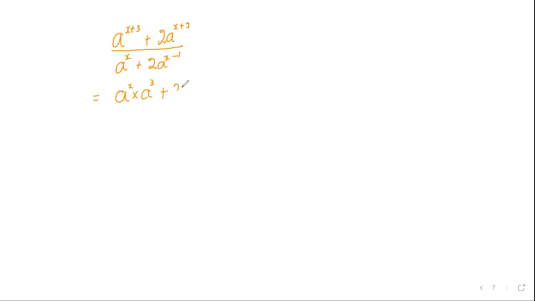So that is a^2 multiplied by a^x, multiplied by a^2, times a^x, plus 2 times a^x times a minus 1.